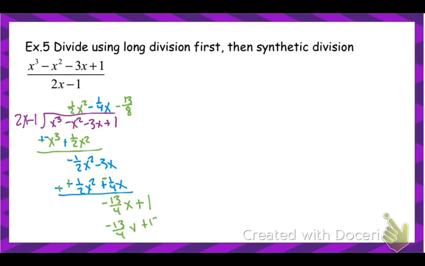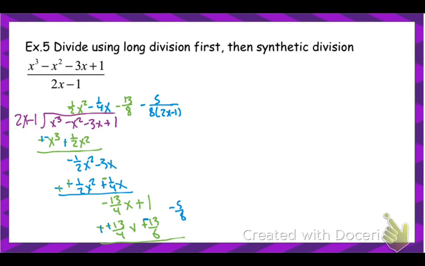This would be plus 13 over 8, and then I would subtract. Change my signs. 1 minus 13 over 8, that's 8 over 8, minus 13 over 8, that's negative 5 over 8 as a remainder. The remainder is a fraction over the divisor, so that 8 is actually going to be on the bottom with the divisor, and that's my quotient.